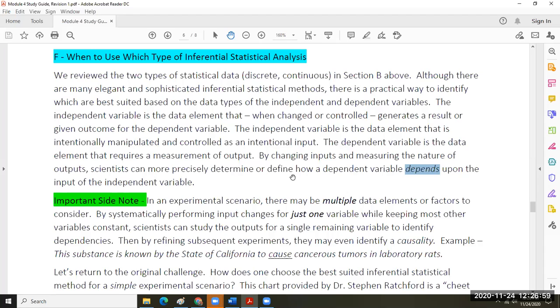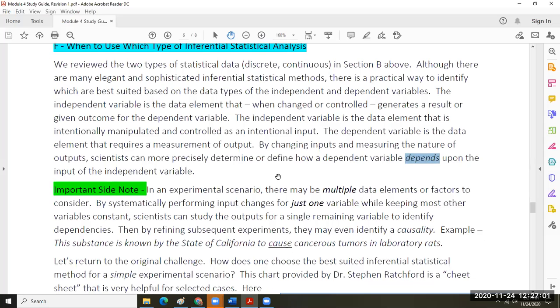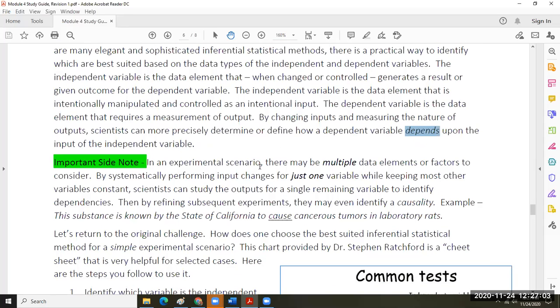Now you can have lots of variables in a situation. So oftentimes when you have multiple data elements or factors, what a lot of scientific method centers on is systematically performing input changes for just one of the variables and keeping the other ones constant, right?